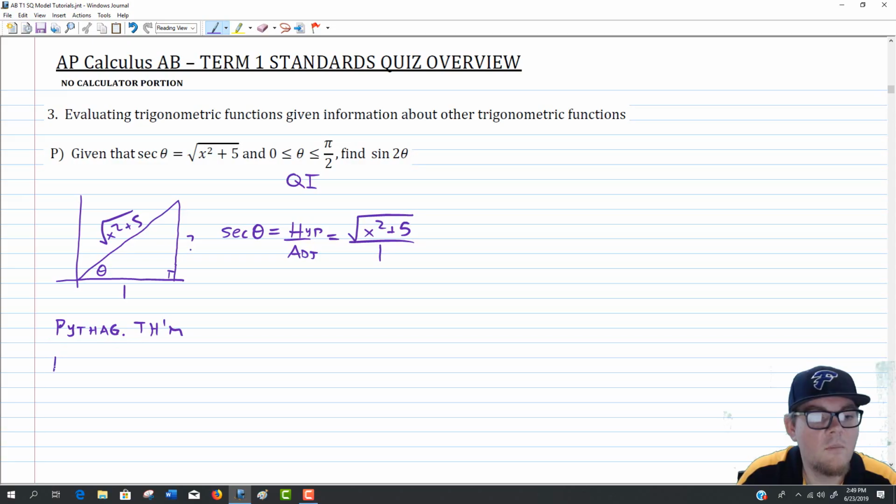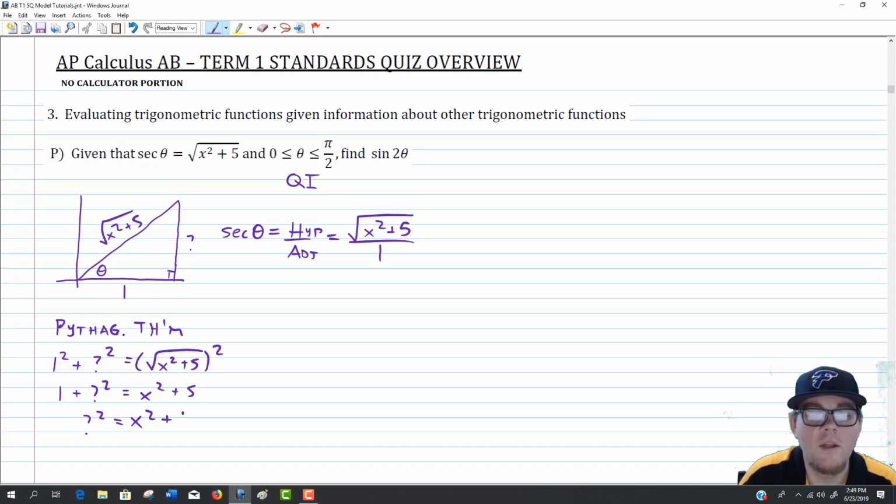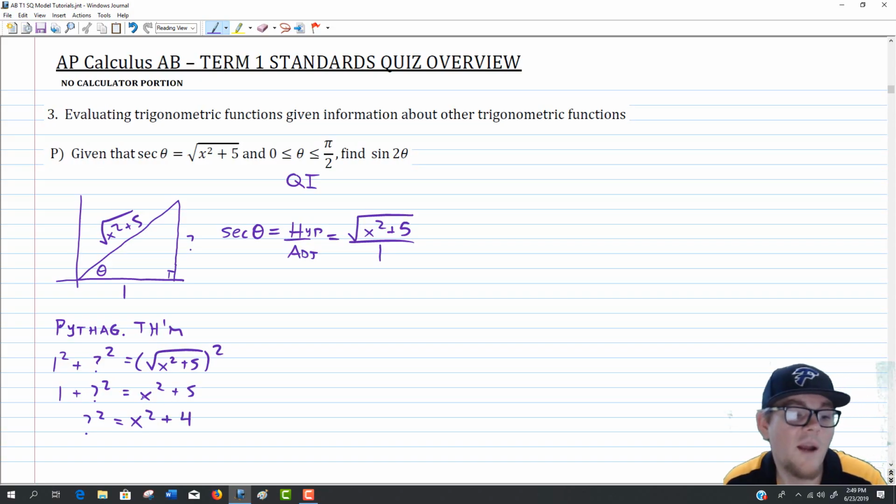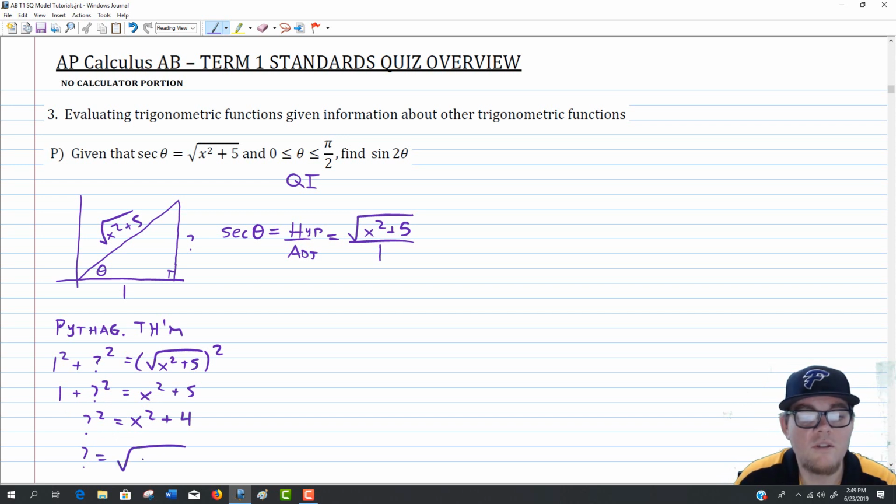We'll get 1 squared plus that question mark squared is equal to the square root of x squared plus 5 squared. When we solve that, we get 1 plus that missing thing squared is equal to x squared plus 5, and that means that our missing side squared is going to be x squared plus 4, which means our actual missing side is the square root of x squared plus 4, which is kind of interesting, for sure.